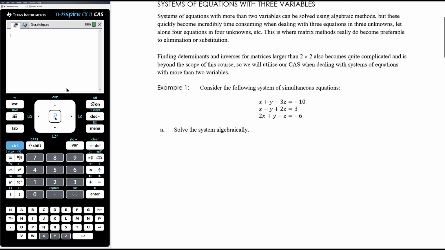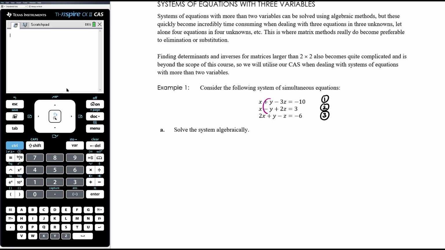So we can actually solve the system algebraically, and it's really just about being systematic and eliminating one of the variables so that you then just have two equations with two unknowns, solving those and then going back to find the third one. So if I call this equation 1, equation 2 and equation 3, the first thing I'm going to do, I'm just trying to eliminate a variable.